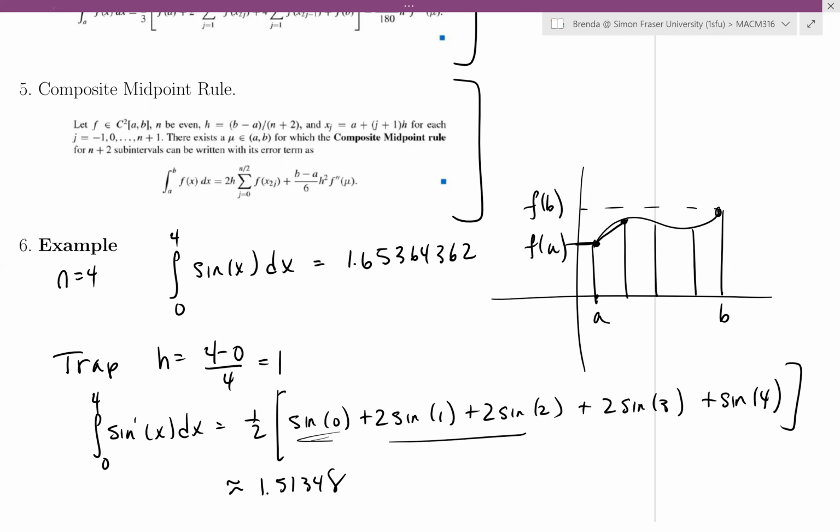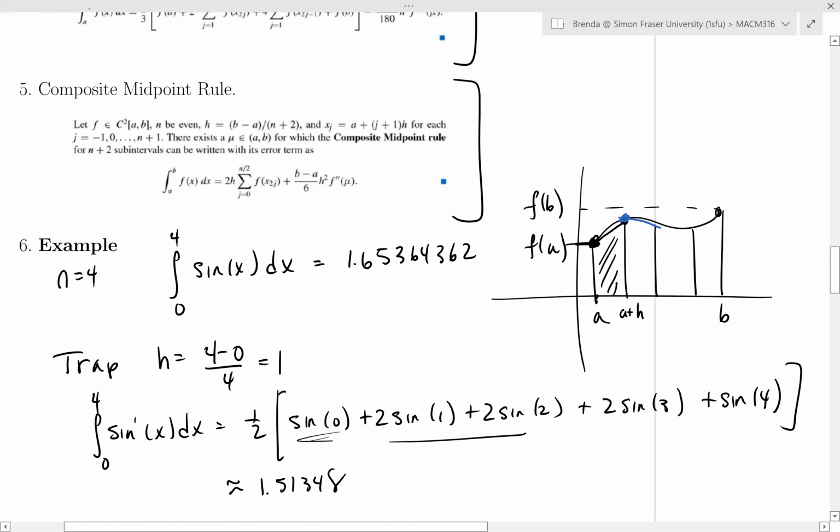You figure out what this is, a plus h, and then you calculate the area of that. And then I can see what's happening. I'm using f at a, calculate this one, and f at a plus h. And then when I do the next one, I'm using that value again. So I'm using this value twice. The endpoints I use only once.